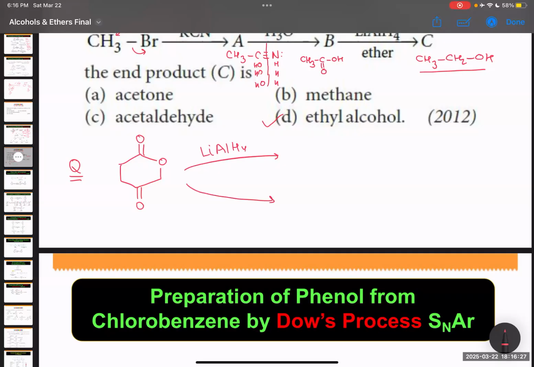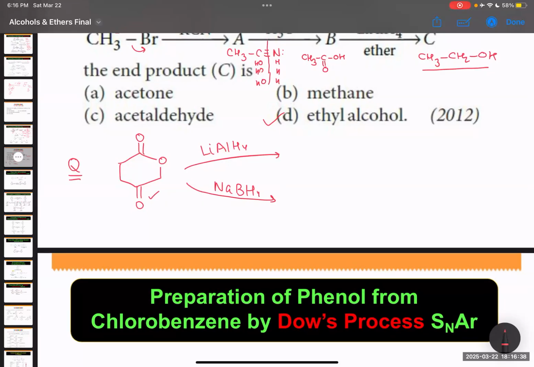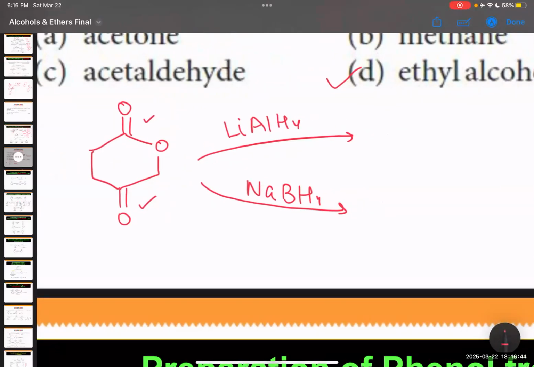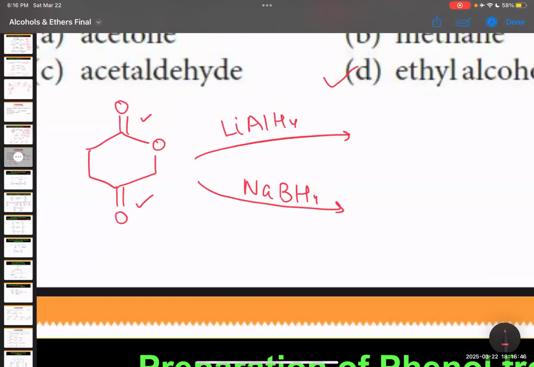And what product you are going to get if you use NaBH4? So LAH being a strong reducing agent can reduce both. This is ketone and this is ester. As you can see, this is cyclic ester. So in esters, this bond will get cleaved upon addition of hydrogen.